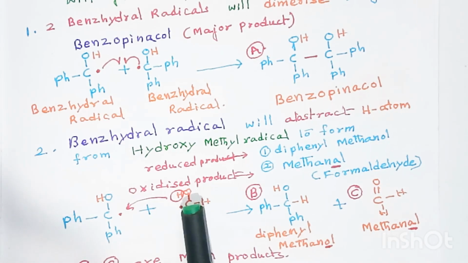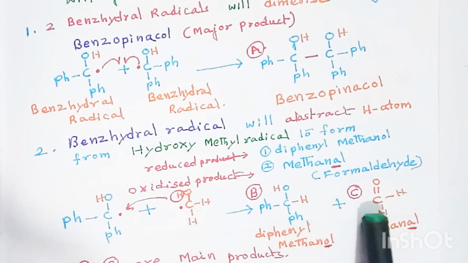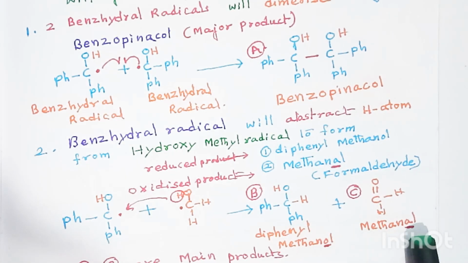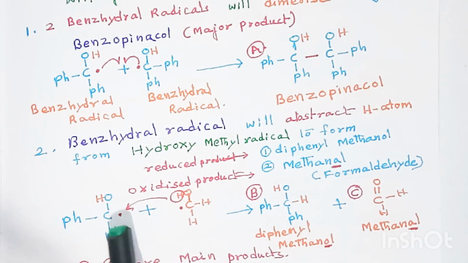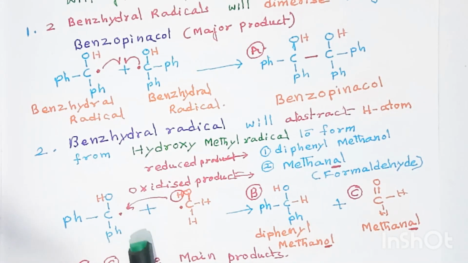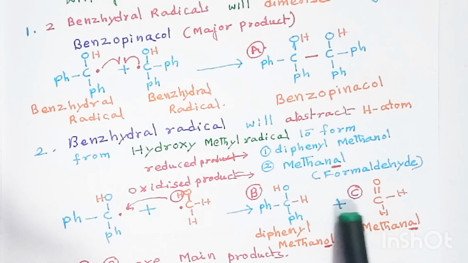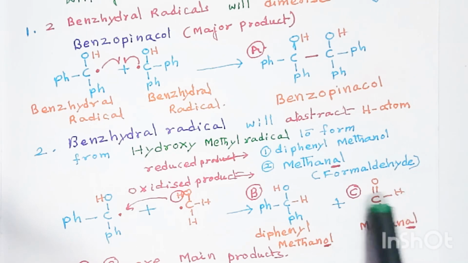Now this CH2OH has lost a hydrogen atom, so it becomes CH2=O, which is nothing but methanal or formaldehyde. So here this benzhydryl radical has extracted a hydrogen, so this is the reductive product, and this hydroxymethyl radical has lost a hydrogen, so formaldehyde is the oxidative product.